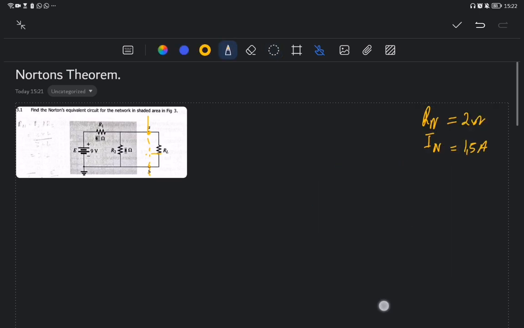So our Norton equivalent circuit will be a current source there, and then we're going to have a resistor there, which is Norton's resistance, and then that portion there which we had removed.